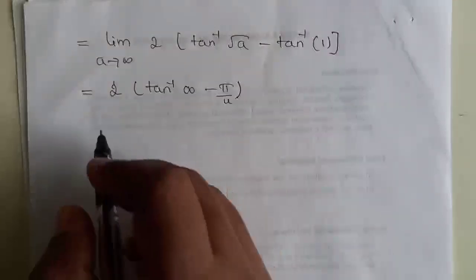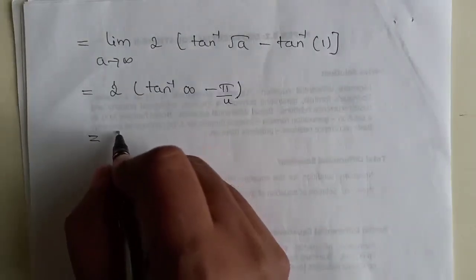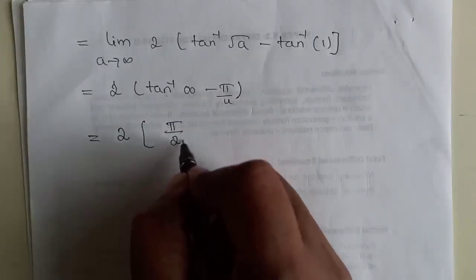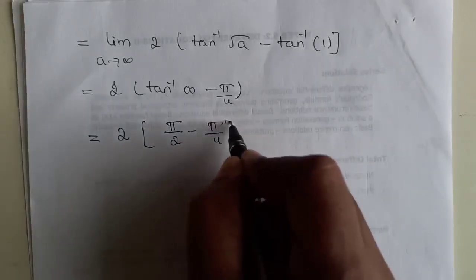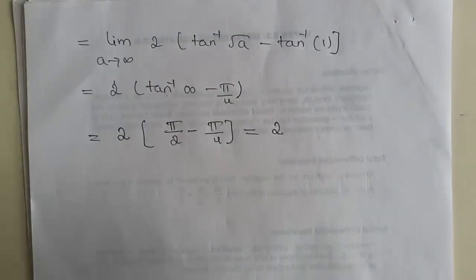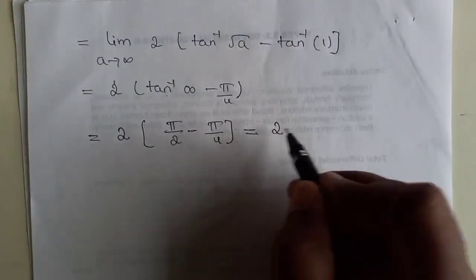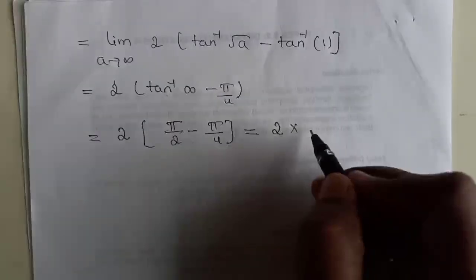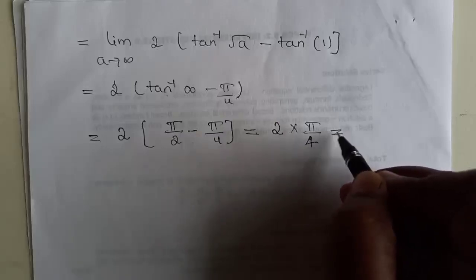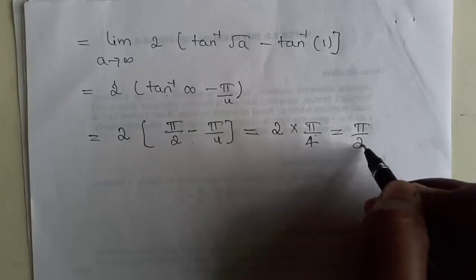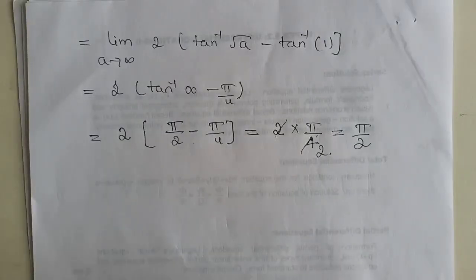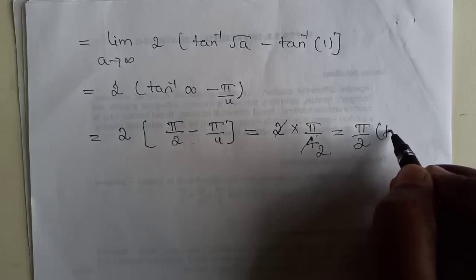Further simplifying, tan inverse of infinity is pi by 2, so we get 2 into (pi by 2 minus pi by 4), which is 2 into pi by 4, or pi by 2. So pi by 2 is finite.